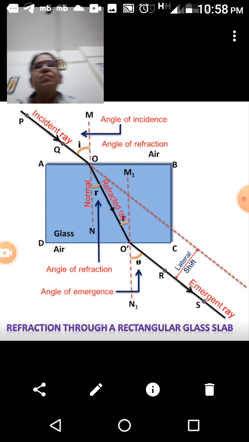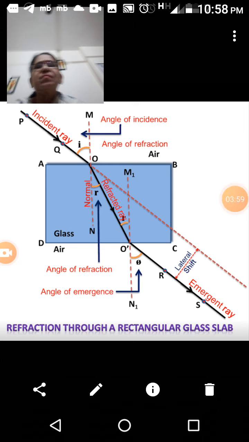Incident ray PQ is incident at point O. MN is the normal at the point O, which is the point of incidence. The incident ray makes an angle i with the normal, which is the angle of incidence.